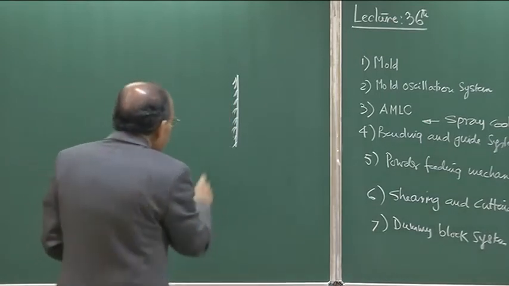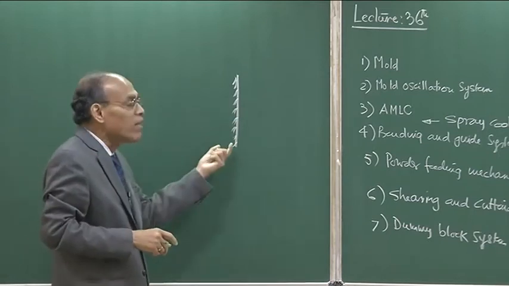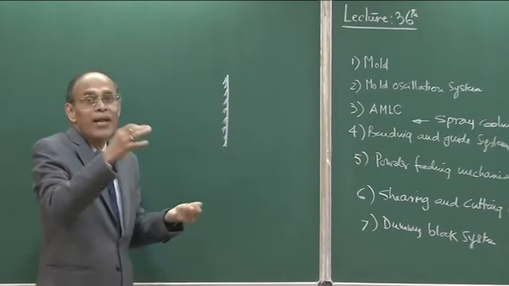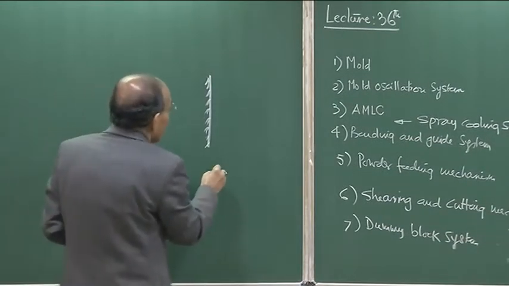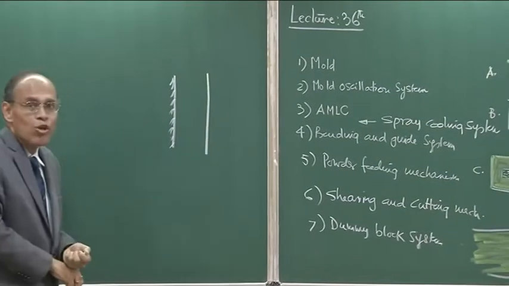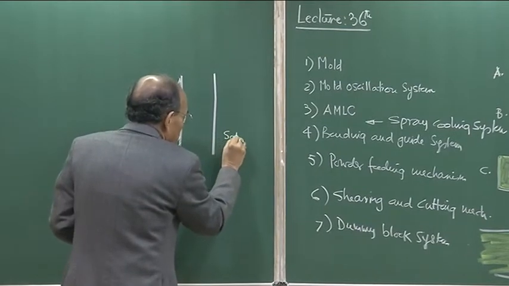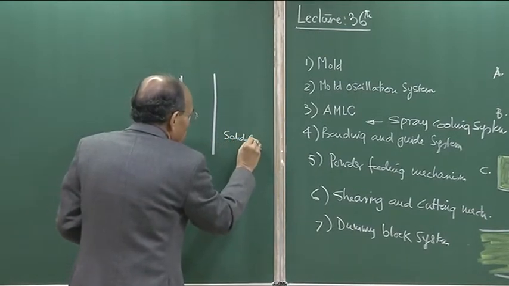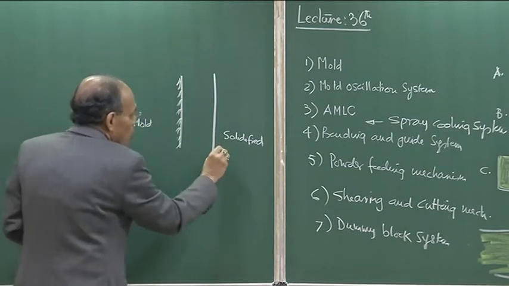So, we can expect that the mold is not going to be above 800 or 900 degrees centigrade. On the other hand, if I draw an exaggerated figure, this represents the surface of the solidified casting. This is the solidified region, and this is the gap between the mold and the solidified casting.